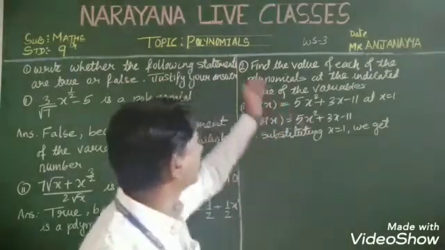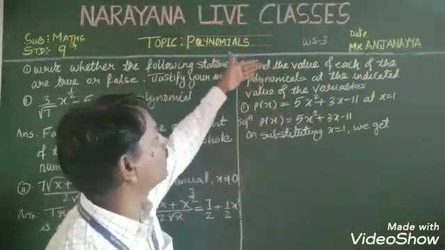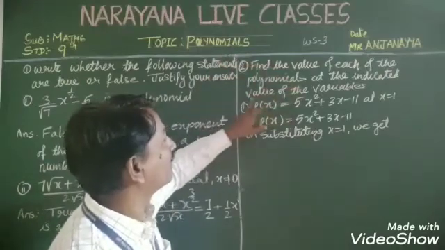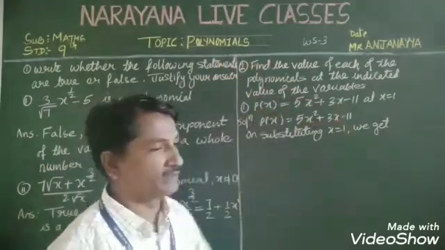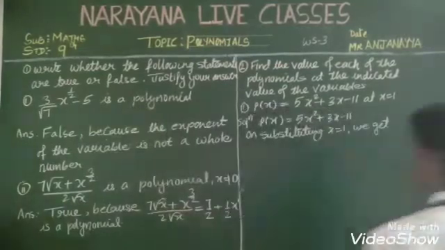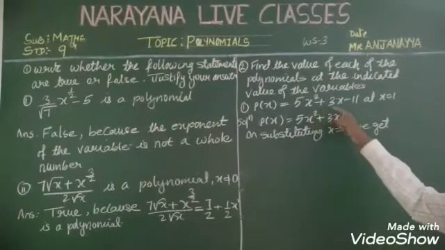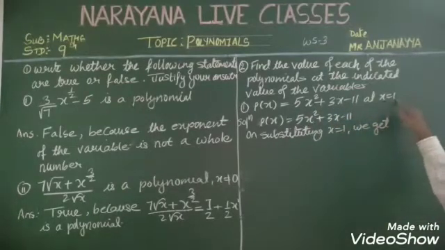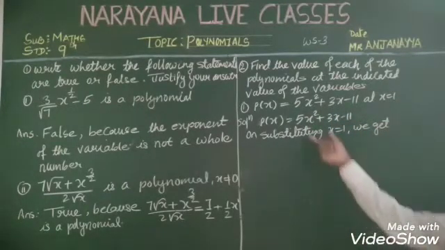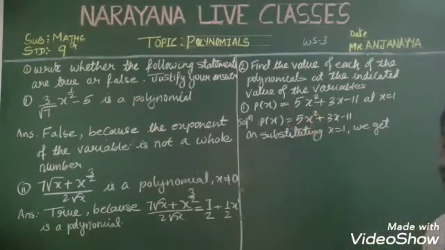Now coming to the second question: find the value of each of the polynomials at the indicated value of the variables. The first one they had given us is p of x is equal to 5x square plus 3x minus 11 and x is equal to 1. I have written the polynomial again in the solution, and now I substitute x is equal to 1.